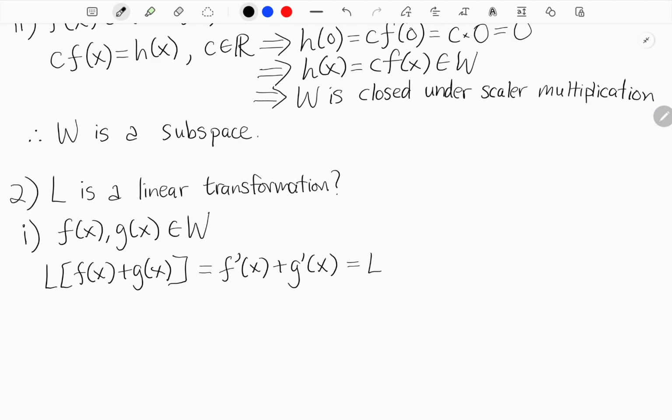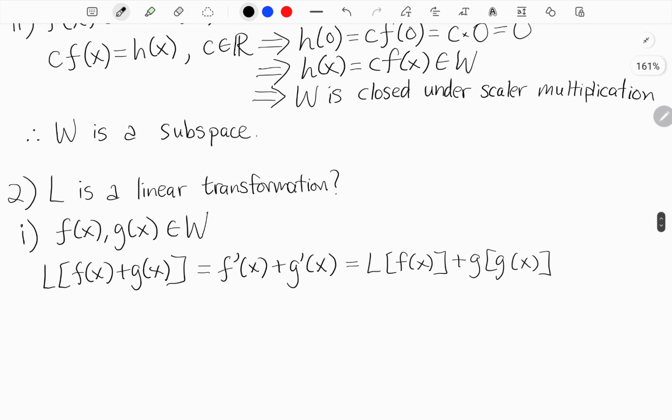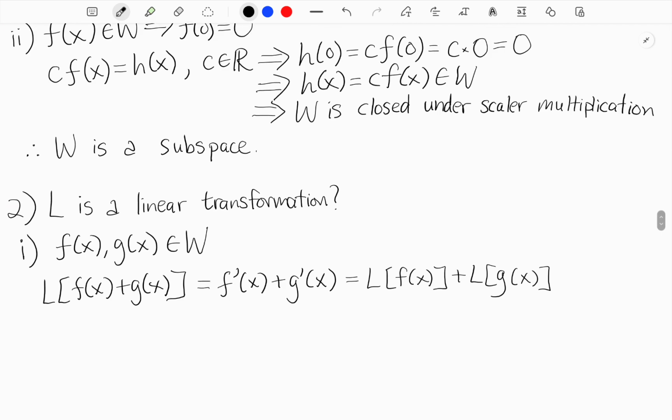This is equal to L of f of x plus L of g of x. Oops, this should be L of g of x. L of g of x is g prime of x.